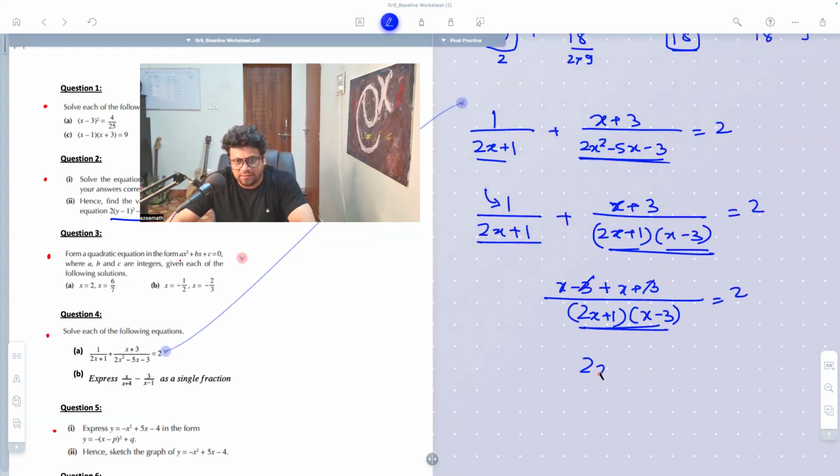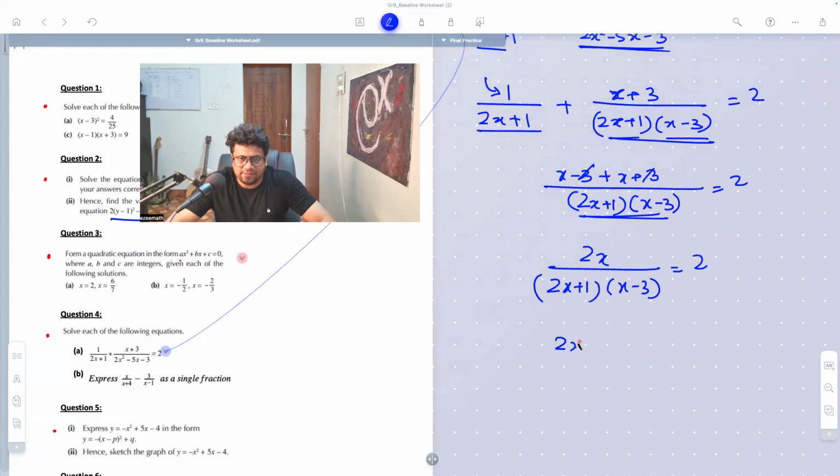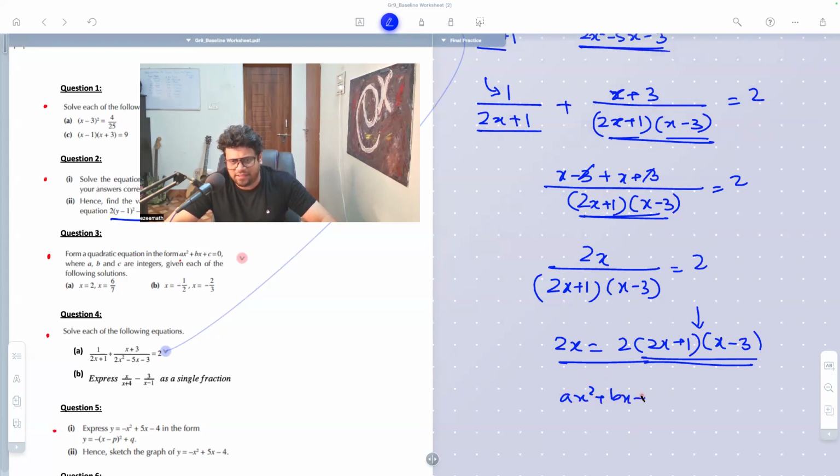You get a 2x divided by 2x plus 1 into x minus 3 equals 2. And 2x is going to be 2 times 2x plus 1 into x minus 3. Now you can bring the quadratic back here by multiplying these two and then manipulate to create a quadratic of the form ax square plus bx plus c equals 0 and then solve.